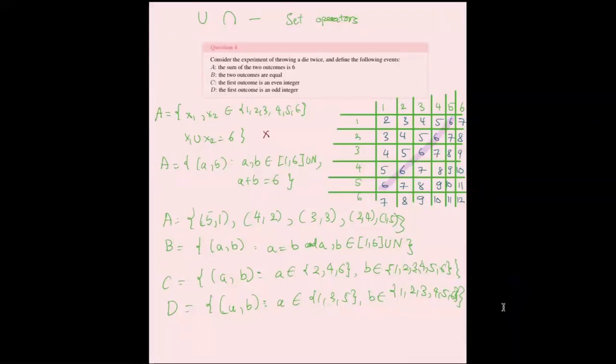B is an element of 1, 2, 3, 4, 5, 6. Can I say A is even in the set builder notation? Yes, you can say A is even, but then you will still have to mention that AB is from 1 to 6.